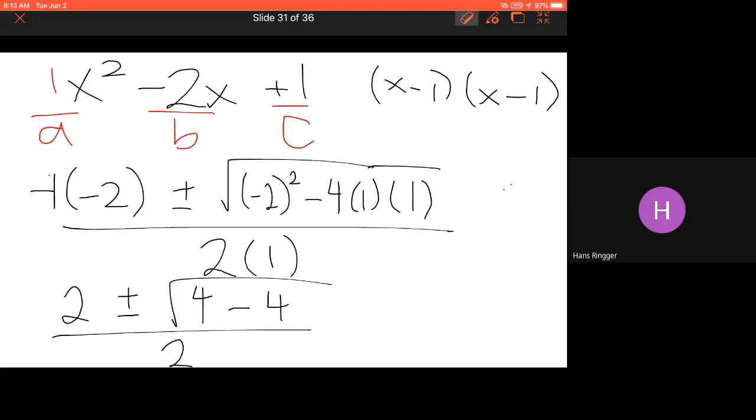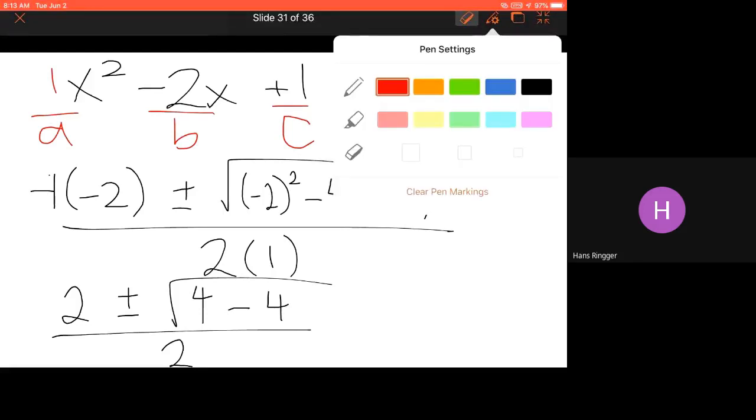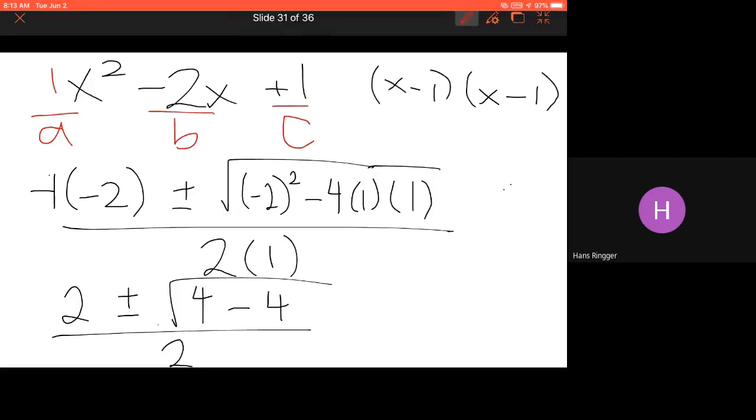So we're actually lucky in this case, right? 4 minus 4 is just 0, and the square root of 0 is 0, so that's just going to go away. So we're going to be left with the equation 2 plus or minus 0 divided by 2. Well, if I'm plus or minus 0, it's just going to stay the same, right? So we can just simplify this one even further. We have 2 over 2, which simplifies to 1.